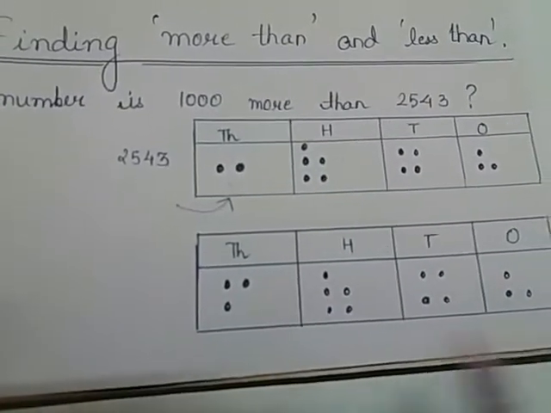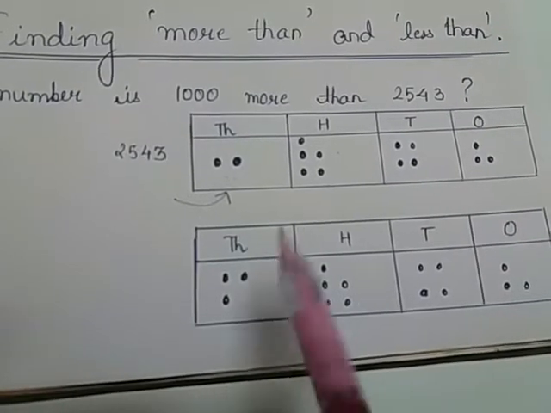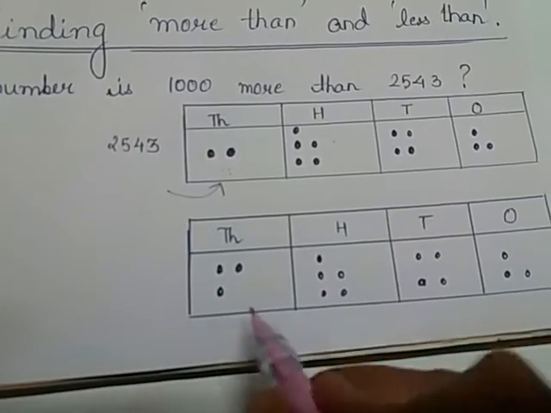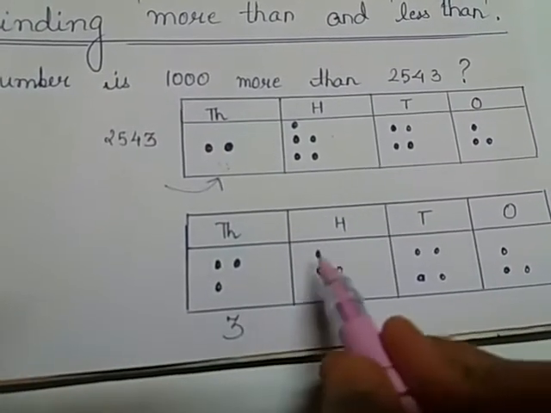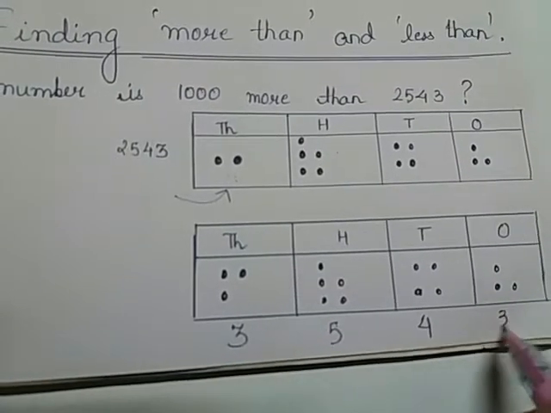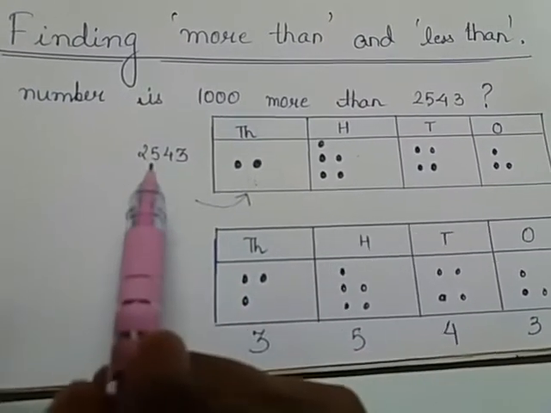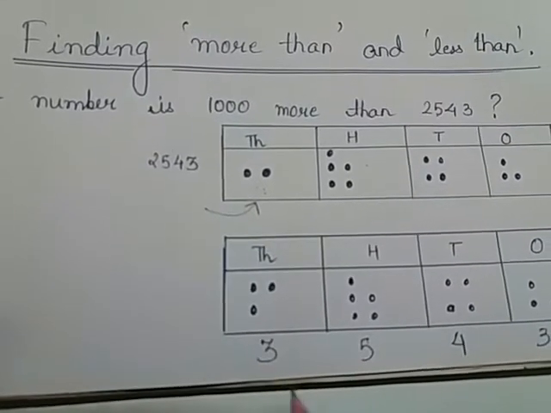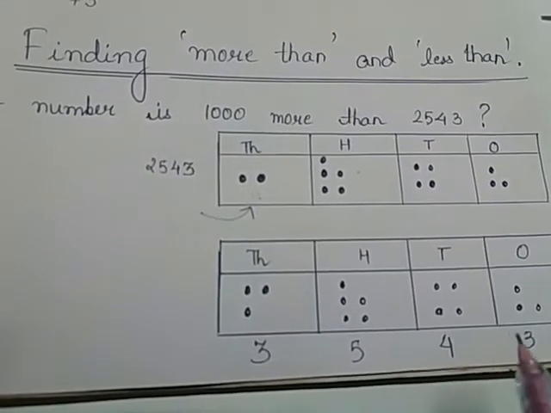Now here is the place value chart that we will get after we put one more ball over here. So here it is 3, so we will write 3. Here there are 5 balls. Here 4 and here 3. So if we add 1000 to this number, we will get 3543.